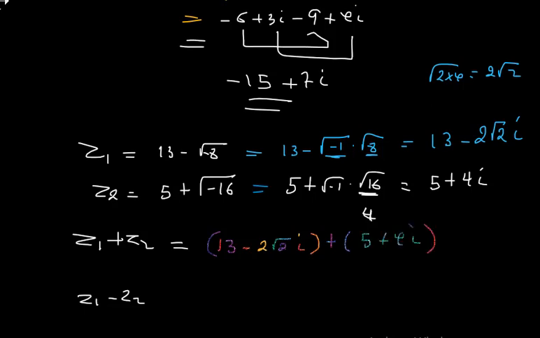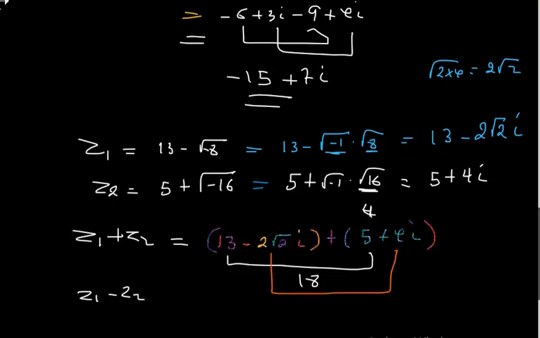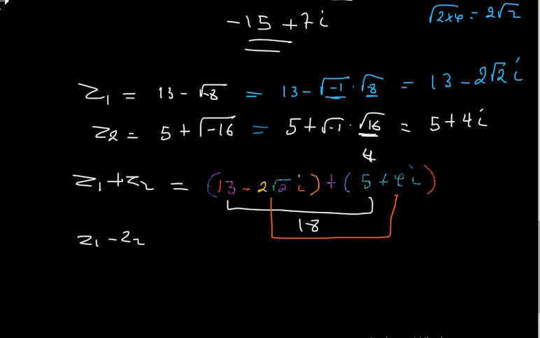Now combine like terms. 13 and 5 is 18, and you have negative 2 root 2 plus 4i. Since you can't combine 2 root 2 and 4, you take i in common. So this is going to be 18 minus 2 root 2 i plus 4i.